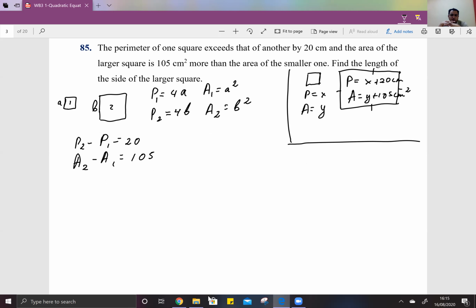It is 4B. 4B minus 4A equals 20. Good. So can you solve it?